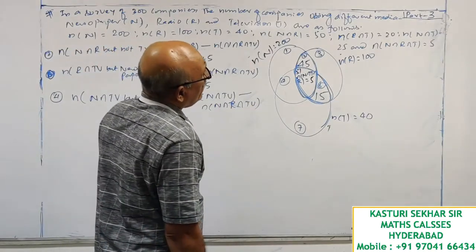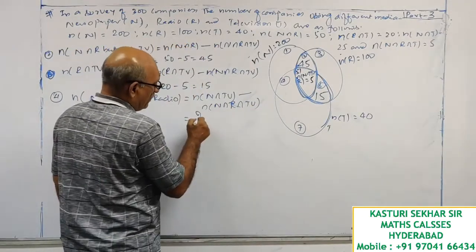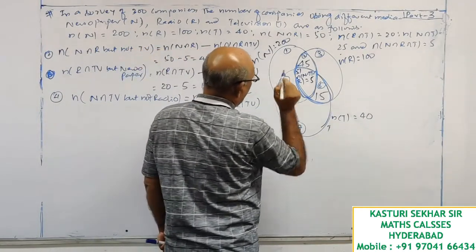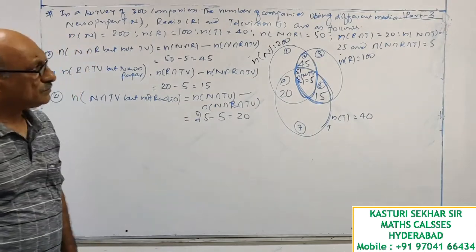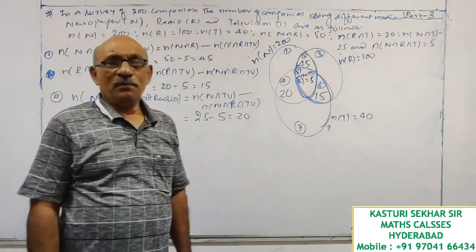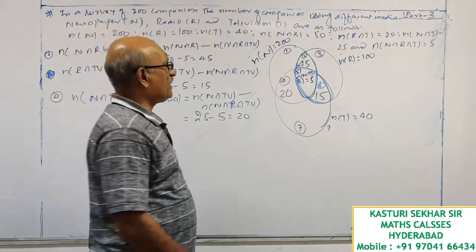Newspaper intersection TV is 25, minus 5, this is 20. So this part is 20. Major work is over. Let's go for the questions.